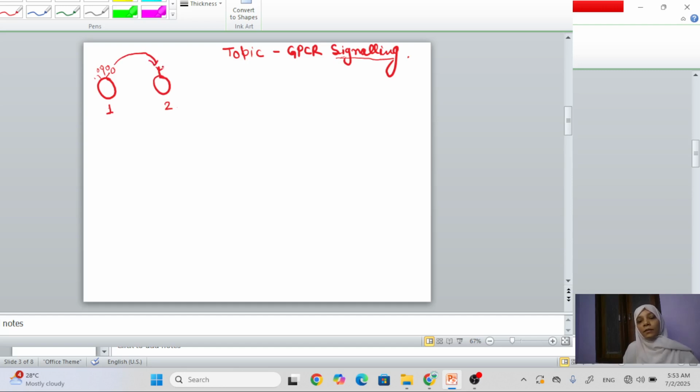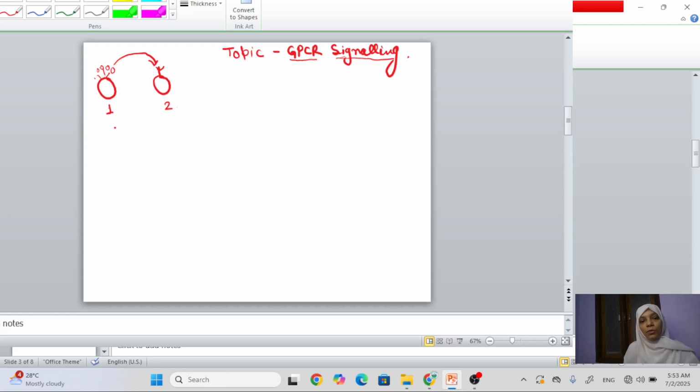hormones or signaling molecules. Okay, there are different types of signaling: paracrine, autocrine and juxtacrine. This is not the topic. The topic is GPCR signaling, so we will focus on GPCR signaling.